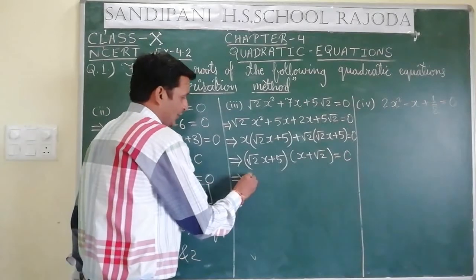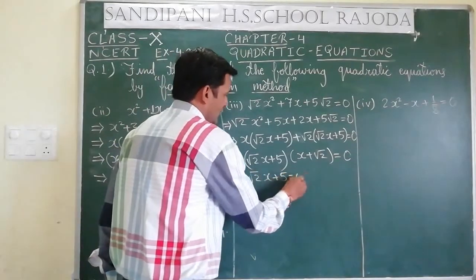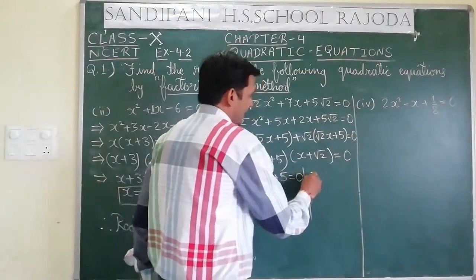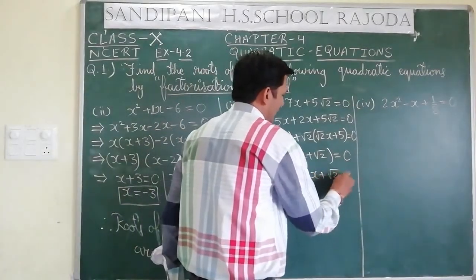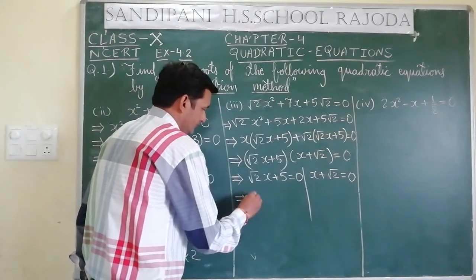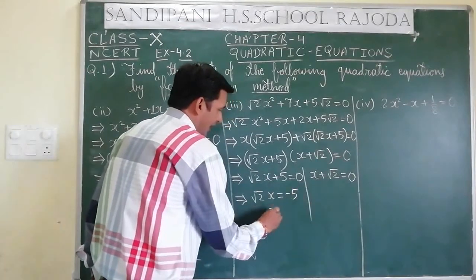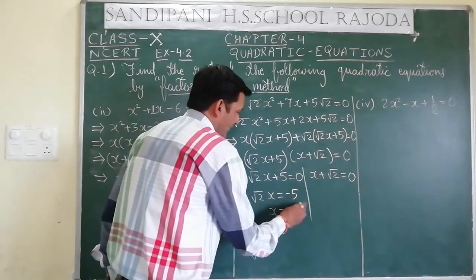Now, root 2x plus 5 is equal to 0 and x plus root 2 is equal to 0. So you may write root 2x is equal to minus 5, or x is equal to minus 5 by root 2.